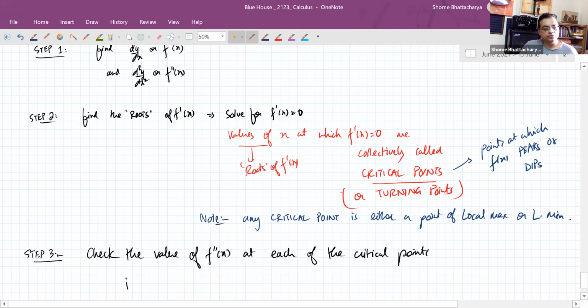Okay, if f double prime x is positive at a critical point, it means that there is a local minima, and if f double prime x is negative, it means there's a local maximum.